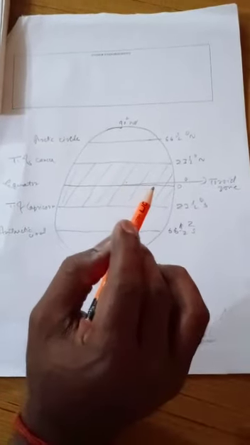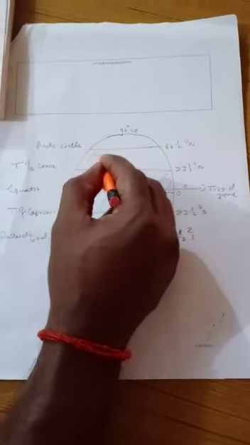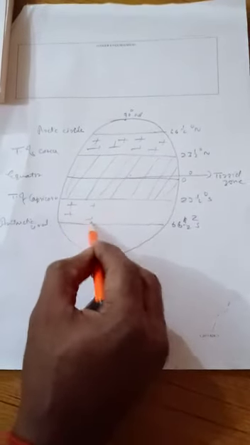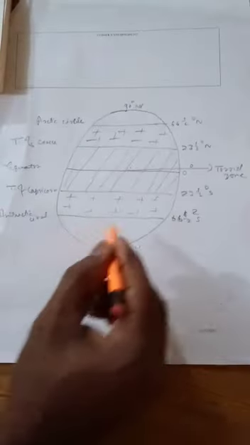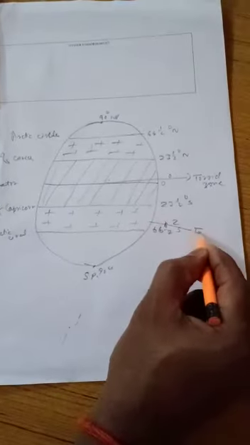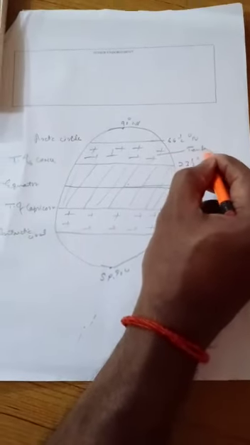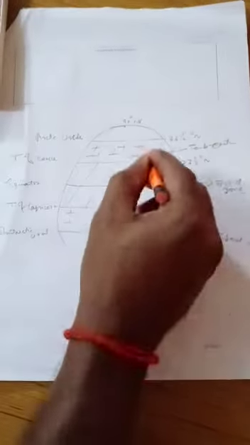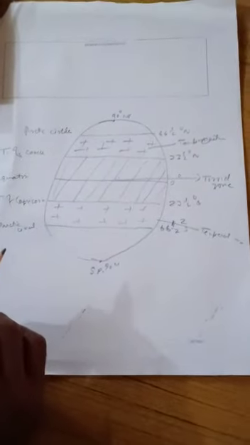Now another one, 23.5 to 66.5 degree, comes under the temperate zone in both hemispheres. What is the special characteristic of this area? This area gets the seasons, the winter season and summer season.